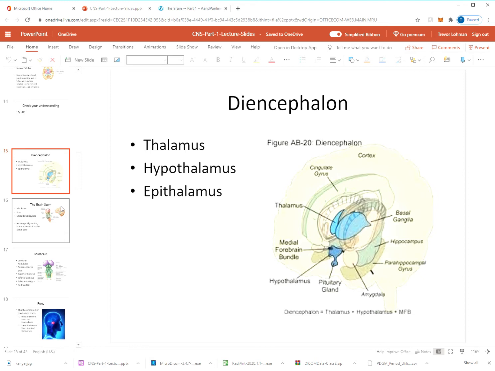So that's where all incoming sensory information into your brain is handed off and then delivered to the right pathway to the right part of the cortex. So you could say that it filters sensory information, it routes sensory information to the appropriate location. Then you have the hypothalamus.